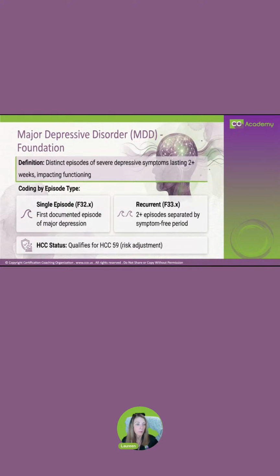You've got your single episode codes, and those are the F32 series. That's for the first documented episode of major depression. Then you have your recurrent codes, the F33 series, and that's when the patient has had 2 or more episodes separated by a symptom-free period.